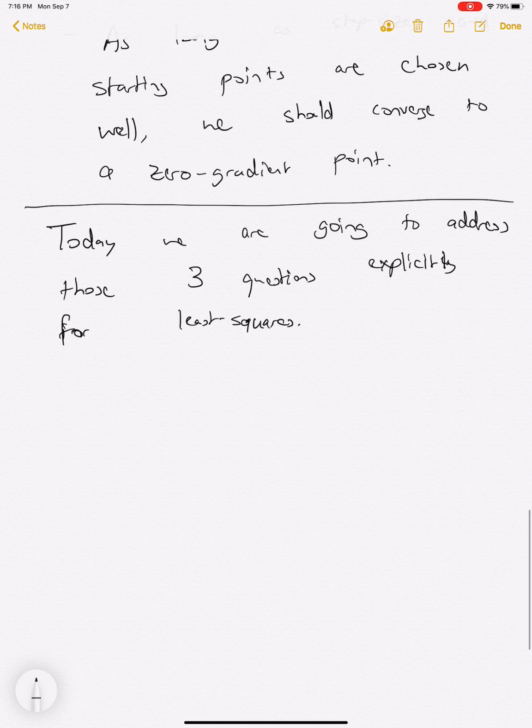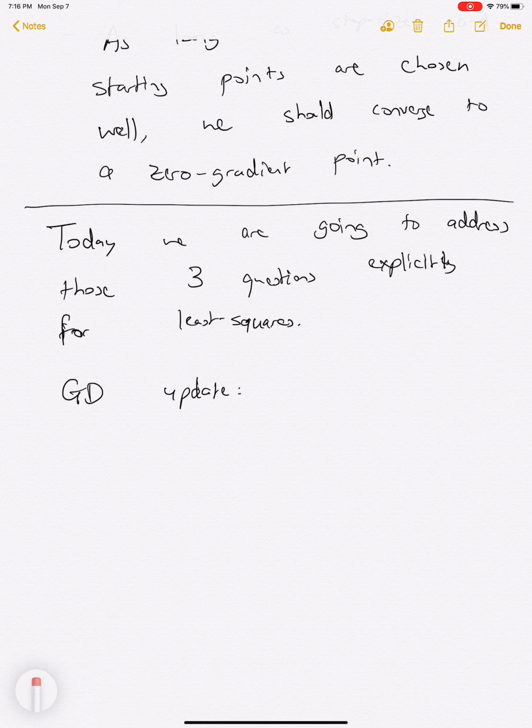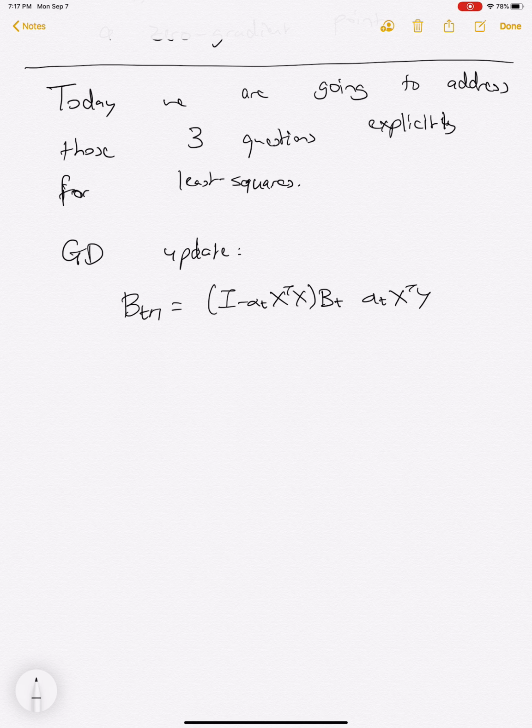Okay, so remember that we started with, okay, and so we're going to play around with this and see that we can actually write this out in a very, very nice way.